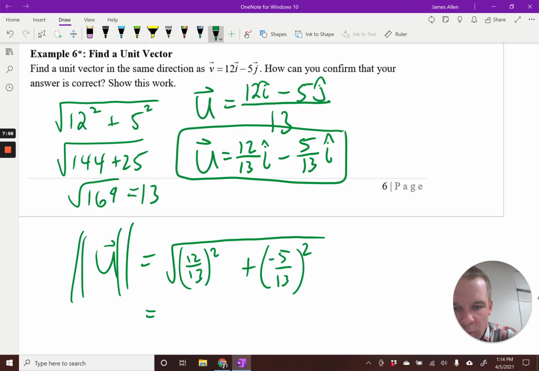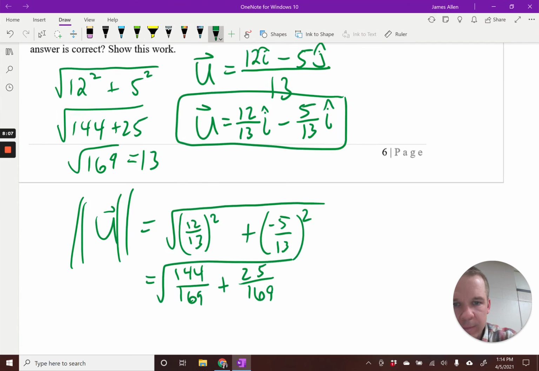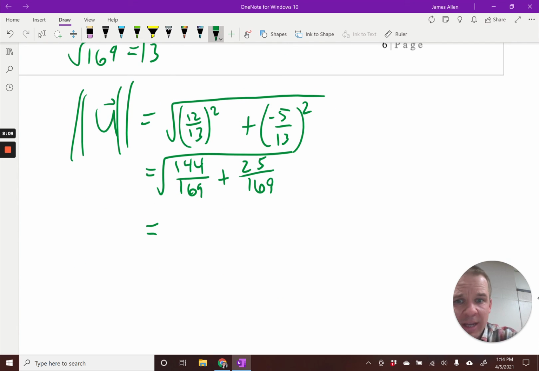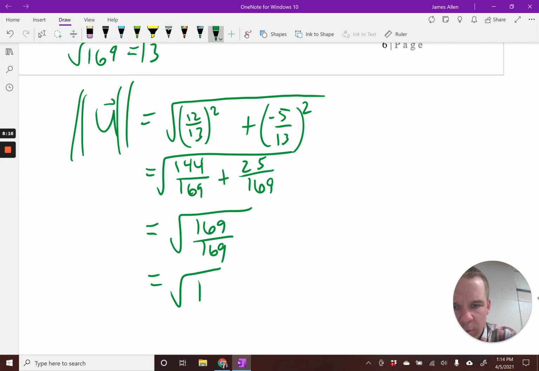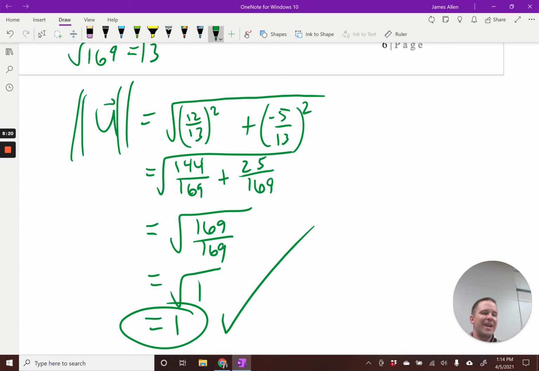That would give me 144 over 169 plus 25 over 169 under the square root. And now that gives me 169 over 169, which is the square root of 1, which is just 1. Boom. Check. Done. Magnitude of 1. It's a unit vector.